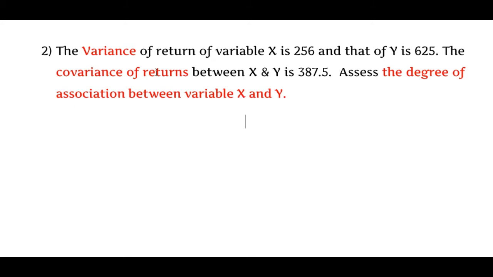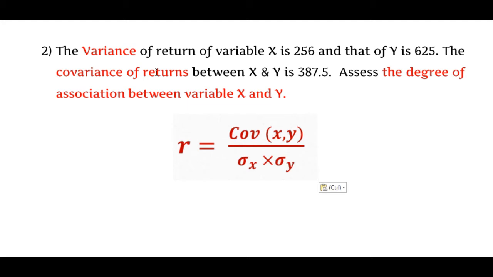The correlation coefficient r is equal to the covariance of x and y divided by the standard deviation of x and the standard deviation of y. As discussed previously, we know the covariance value, which is already given in the question: 387.5.